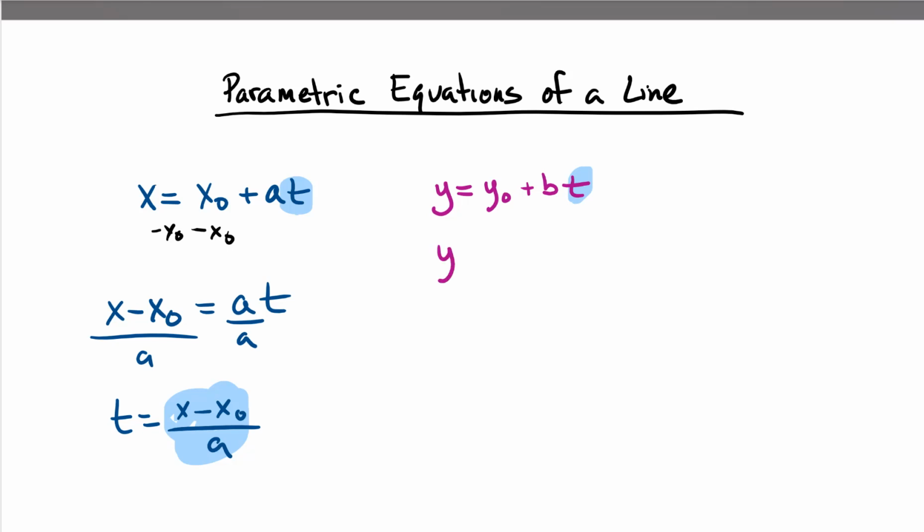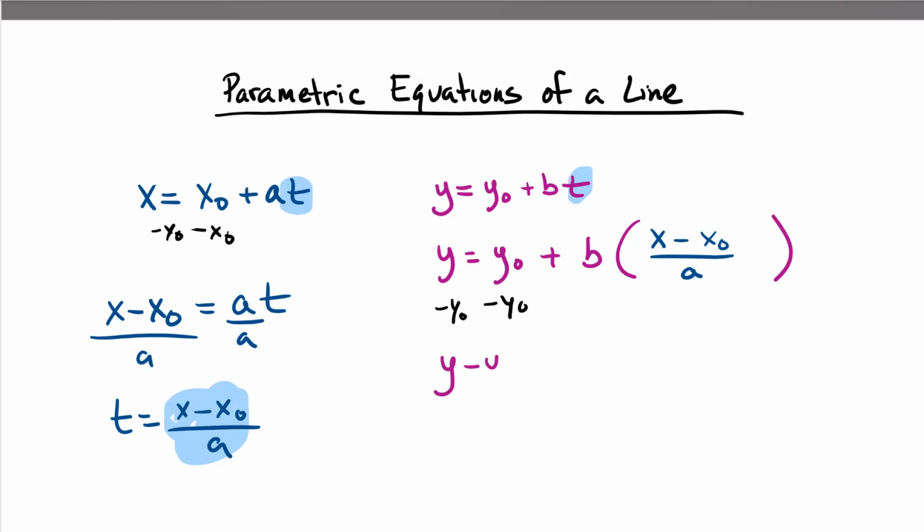So we get y is equal to y naught plus b times our value of t, which is x minus x naught all over a. And something kind of cool is going to pop out of this, if you're a math nerd. Let's kick the y naught over to the other side.